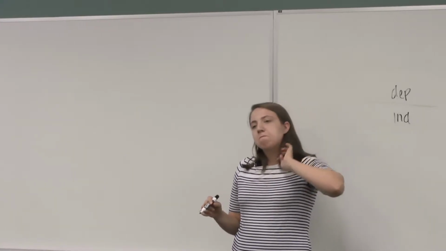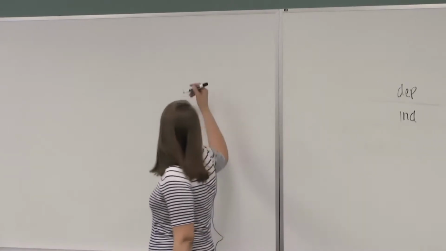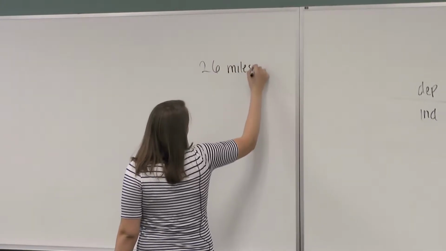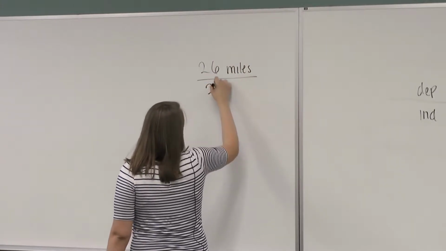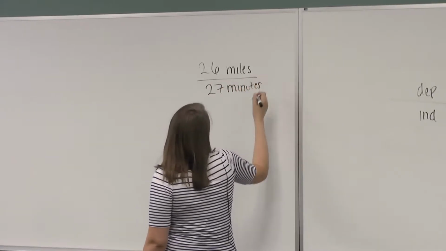So do we need just one distance and one time, or do we need more than that? One distance. Okay. So give me an idea of a distance and a time. 26 miles in 27 minutes. That's super slow. Okay.